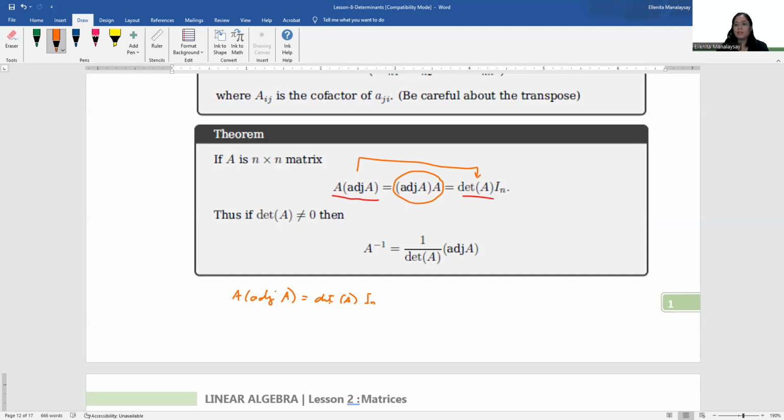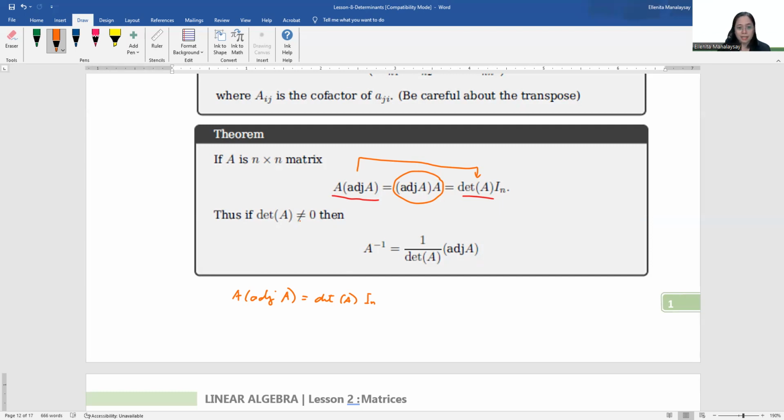So we know that the determinant of A is constant. The determinant of A is a scalar. That's constant. That's not a matrix. And a matrix has an inverse if the determinant is not equal to 0.